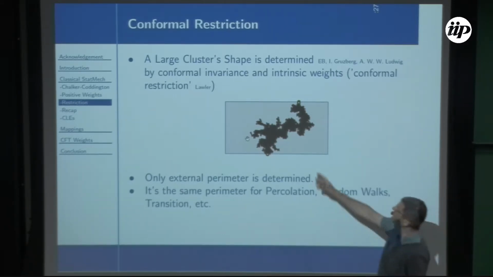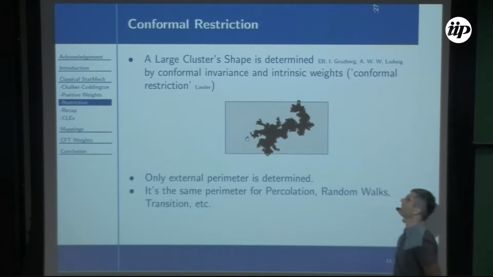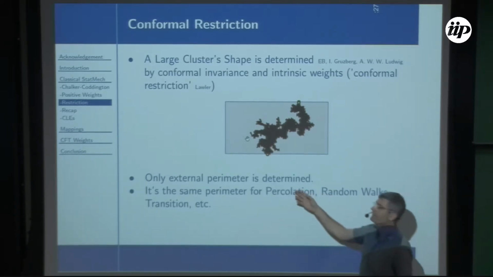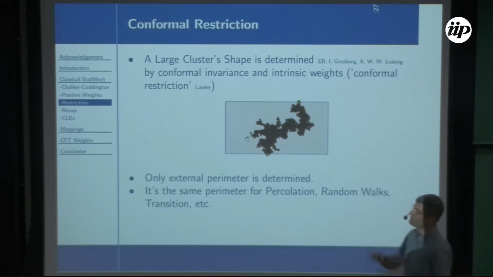So this means that all this information that can be taken from this picture is actually shared by many models, and we know that they are in different universality classes. Percolation behaves very differently than the integer quantum Hall transition, etc. So whatever we can learn from this approach at this point is limited, because it cannot tell these systems apart.